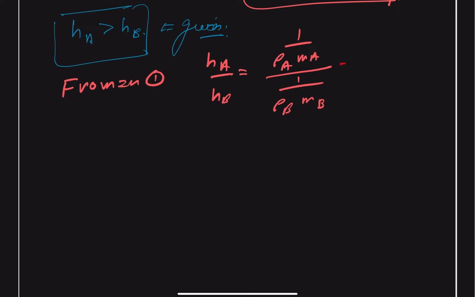This gives us that rho B MB is greater than rho A MA and greater than 1.